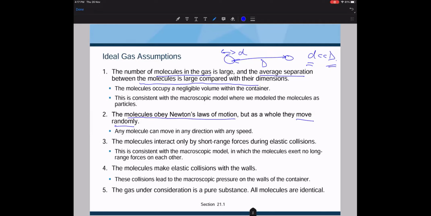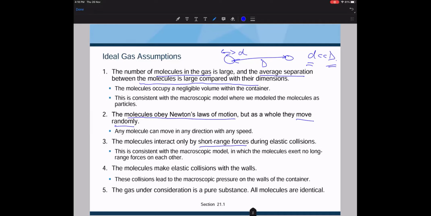Okay. So because you have so many gas molecules, you could find basically equal amount of molecules moving in any direction at any speed at any time. And the molecules would have only short range interaction, meaning that most of the time they are not talking to one another unless they are colliding.